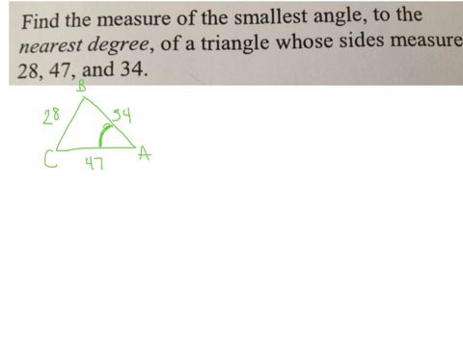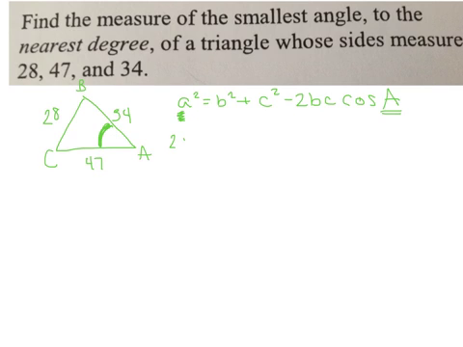So since I want to solve for angle A, I want to use the equation A squared equals B squared plus C squared minus 2BC cosine of A, because I want to have angle A opposite my smallest side, which is side A. So now I can plug in what I know, which is all the sides.